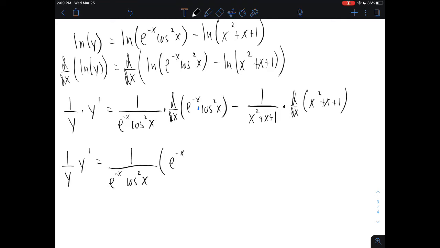But that's going to use the chain rule, which means times the derivative of negative x, which is negative 1, and then times the second function in the product. And then by the product rule, plus, I'm still not done with this first derivative, the derivative of the second function, cosine squared x, that again is using the chain rule. That's a 2 times the cosine x times the derivative of cosine x. And then I have to multiply that by the first function.